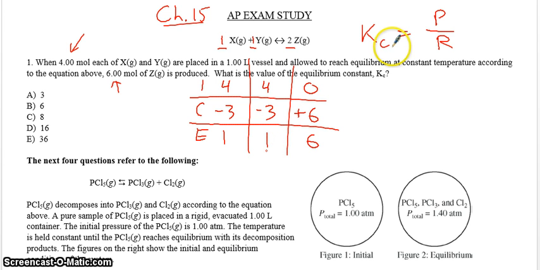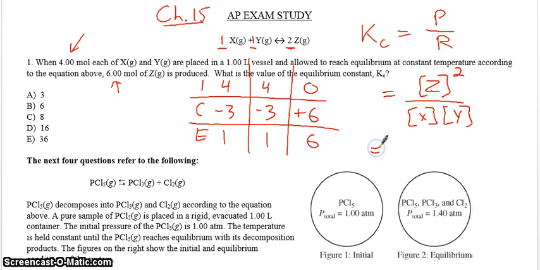If we want the equilibrium constant, for this specific case, we've got the concentration of Z squared, because of this 2 coefficient, divided by the concentration of X multiplied by the concentration of Y. So let's plug this in. We have 6 squared over 1 times 1, because 6 is the product and these are the reactants, which gives us 6 squared, which is 36, and that is the answer.